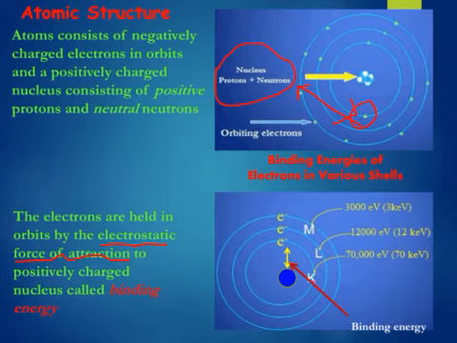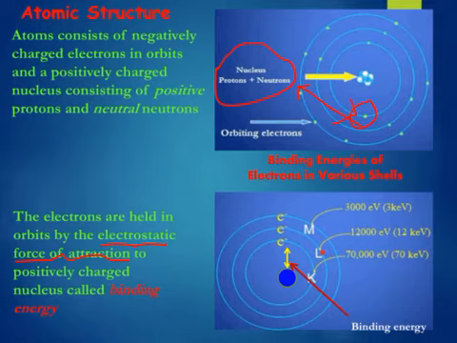The K shell, the closest shell to the nucleus, has vacancy, or space, for 2 electrons. It will not hold more than 2. The L shell has vacancy for 4 electrons, and it will not hold more than 4. The M shell has vacancy for 8 electrons and will not hold more than 8.